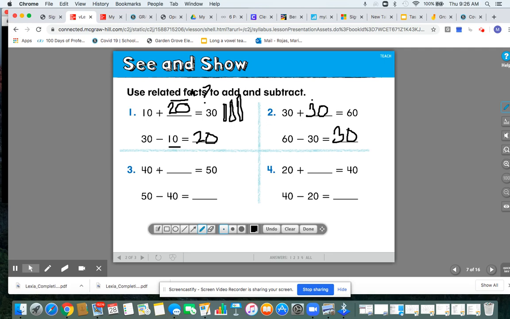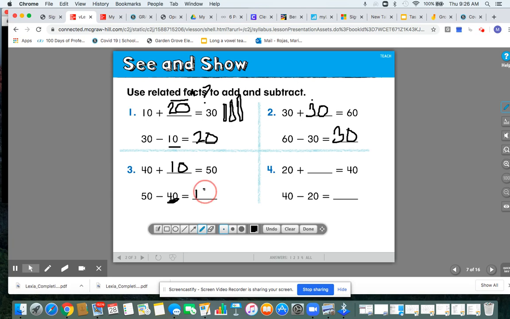So 40 plus 10, you guys already know that, will equal 50. Well, if I have 40 and I'm taking it away from 50, I can just say, what number can I add to 40 to get to 50?